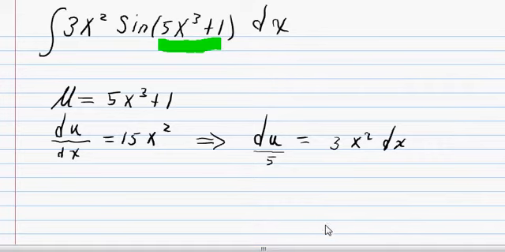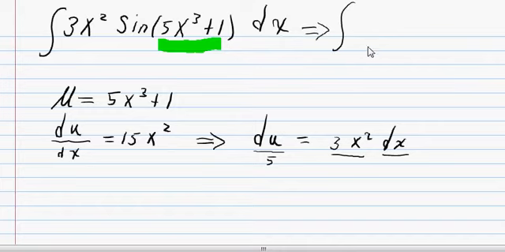So now I'm going to go back here and look at what I have. I have here 3, then I have the dx, which is here. So I have 3x squared dx, both of which are present here. So that means that I can replace, so this implies the following integral.